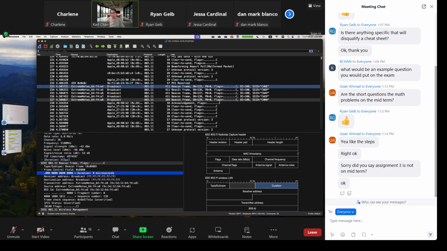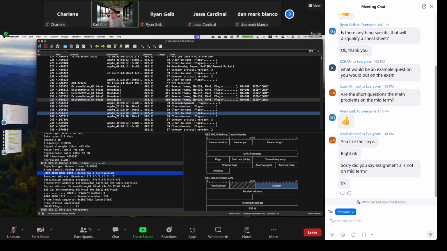Because the only purpose of beacon frames is telling the clients, the other stations, that we have this SSID and all the channel information. After that is done, it's finished. So there is no upcoming transmission after this beacon frame, so the duration to hold the medium is 0.